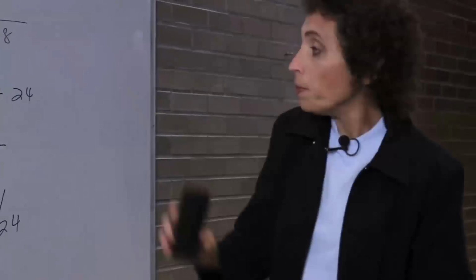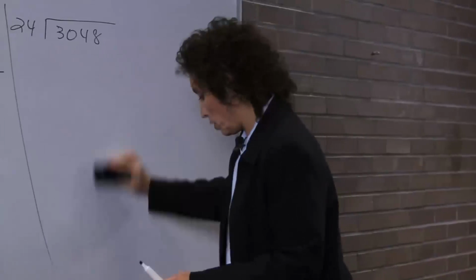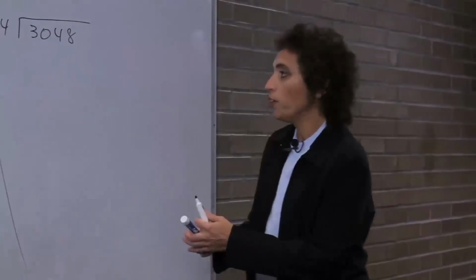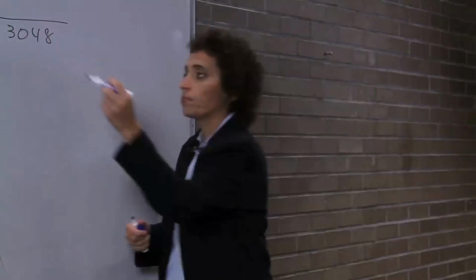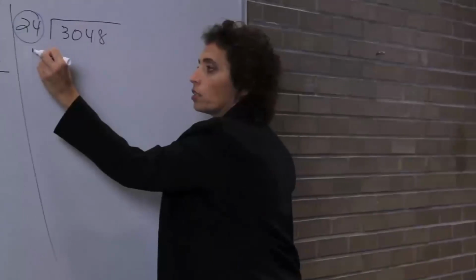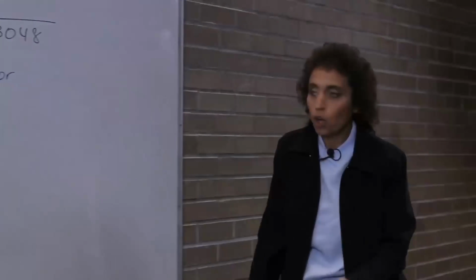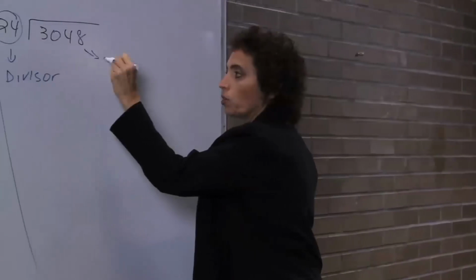All right. When I look at this, I want to talk about the parts of this problem. What you're dividing by is called the divisor. That's what you're dividing by. What you're dividing into is called the dividend.